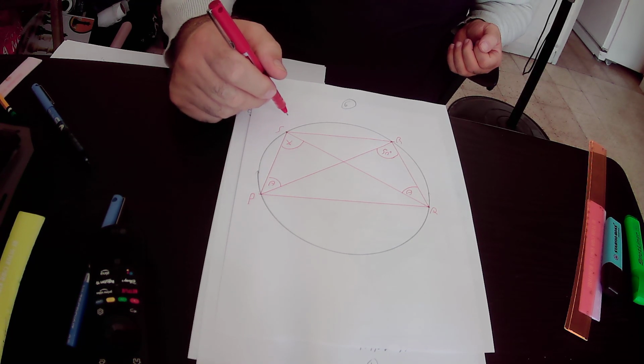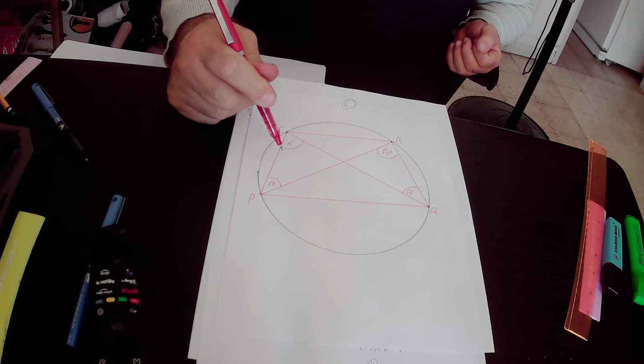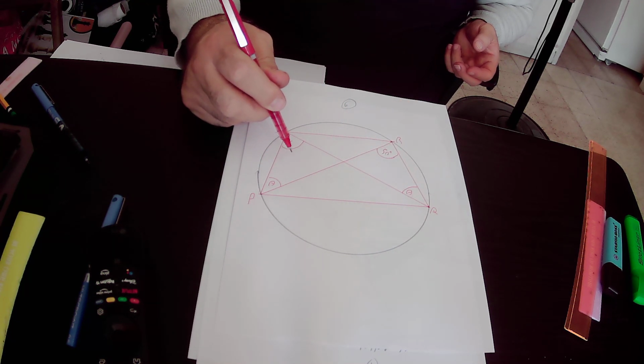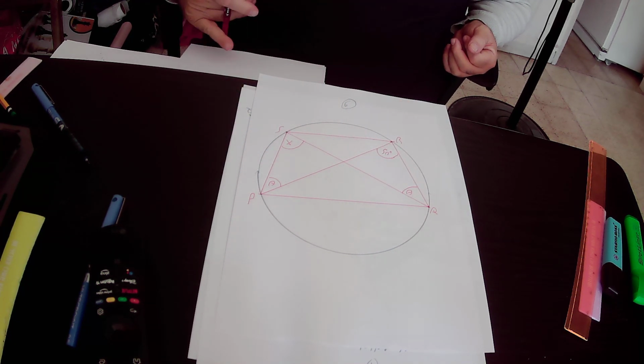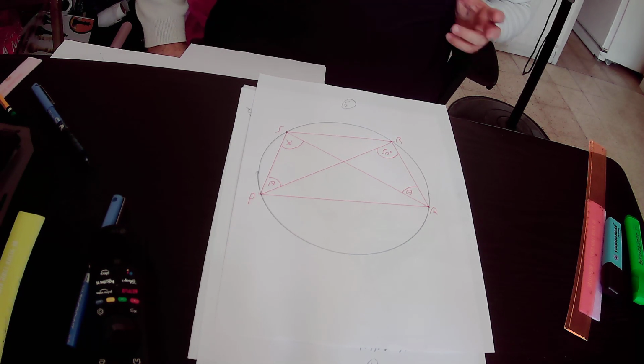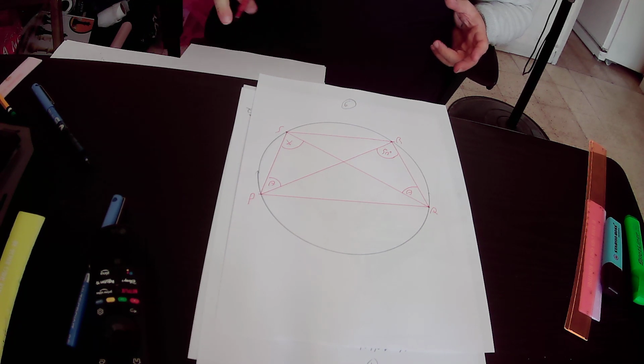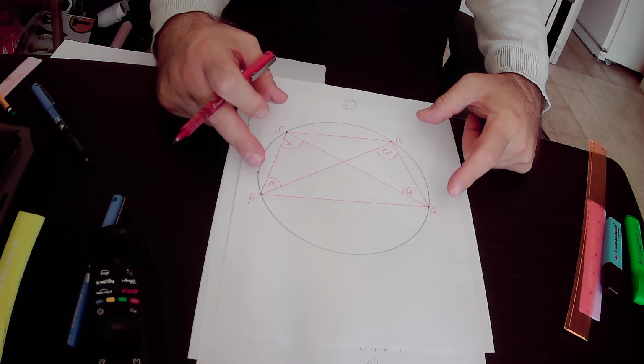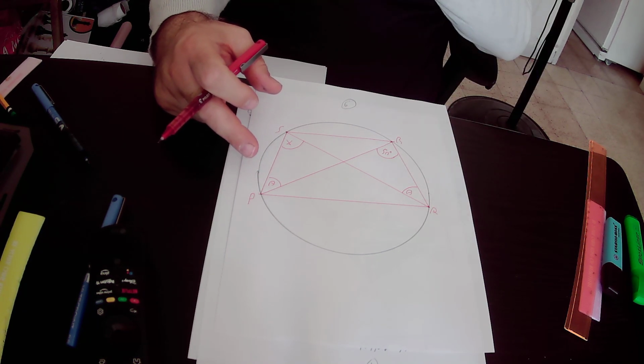Those 4 points lie on a circle that inscribes this quadrilateral. So that is the implementation of rule number 1 in our drawing. We can put those 4 points on a circle.